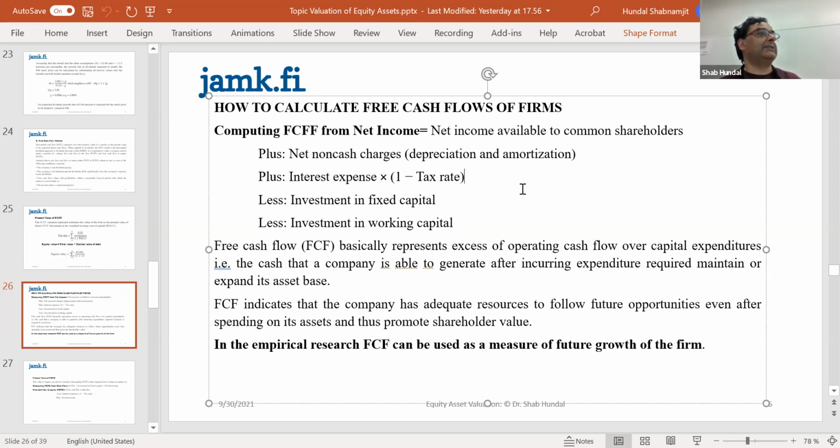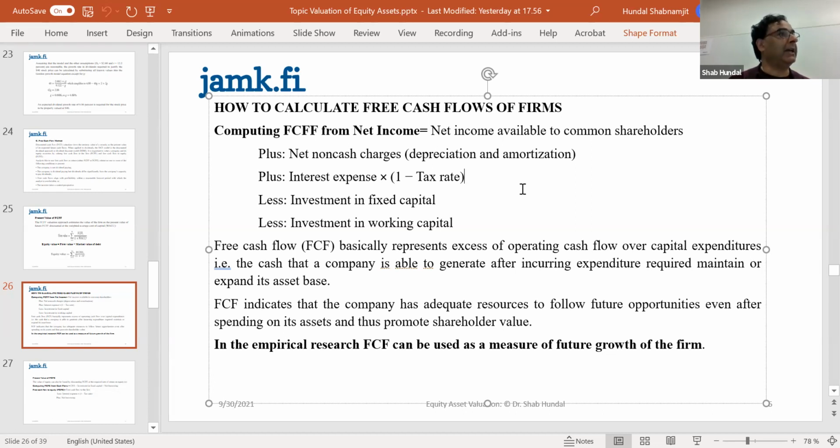Free cash flow represents how much resources you have. But we minus what? We minus our expenses on the fixed capital and the working capital. Fixed capital and working capital are an indication of how future oriented you are. Why would you buy some machinery? Why would you arrange some money?